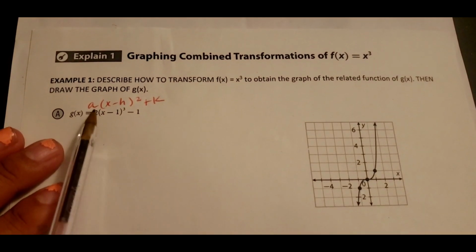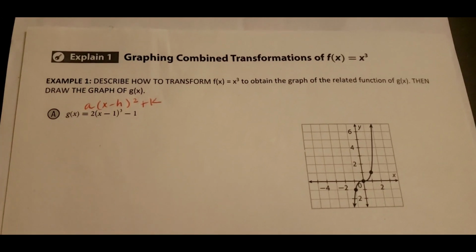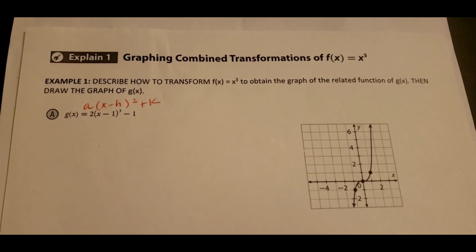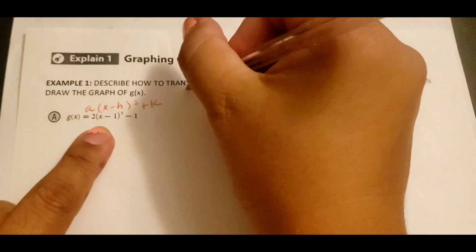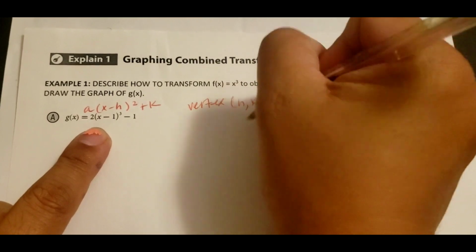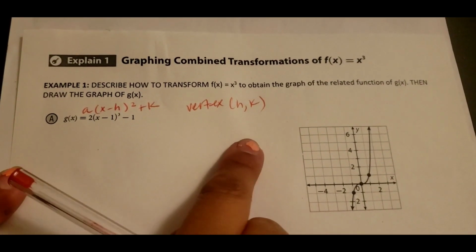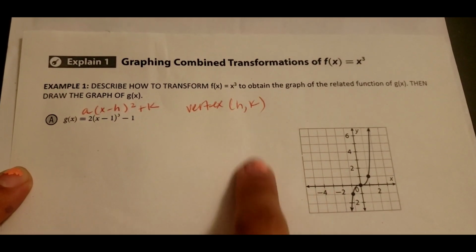Okay, so just like in 5.1, your a value will either tell you if it's a vertical compression or a vertical stretch. Okay, remember your vertex is h, k, just like before, and your h value will tell you if it translates left or right, and your k value will tell you if it translates up or down.